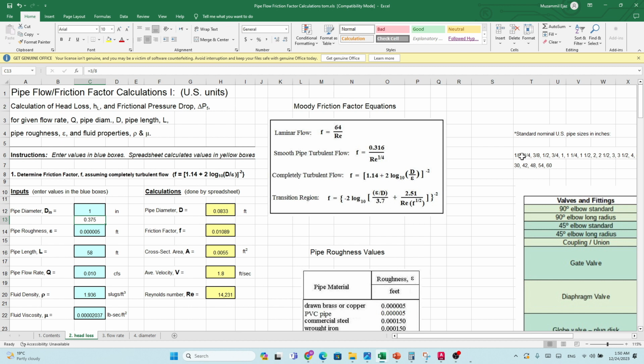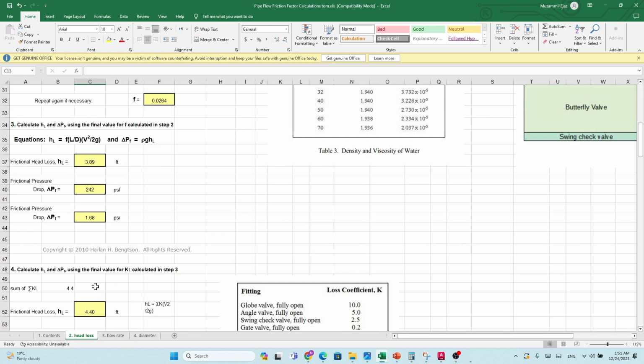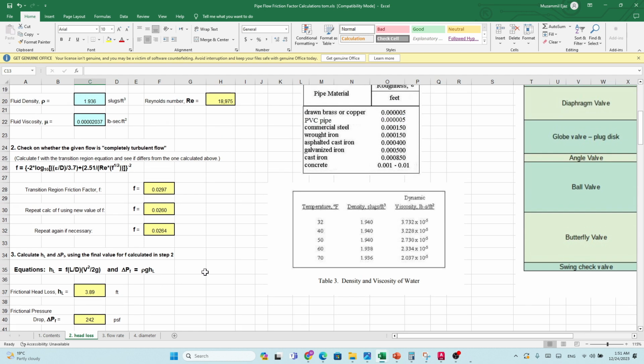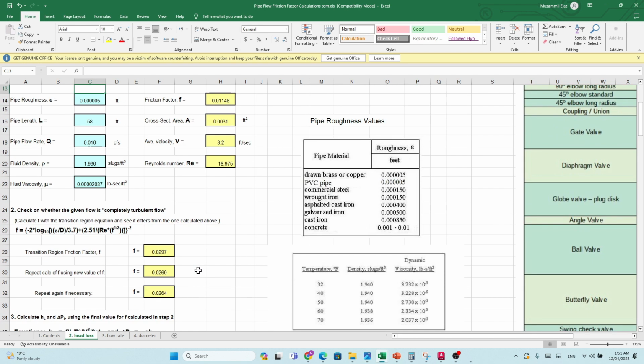You have to select the type of pipe that is already available in the market, with sizes like 1/8, 1/4, 3/8, 1/2, 3/4, 1, 1 1/4, 1 1/2, and so on. Okay, so let's suppose we select the diameter 3/4, that is 0.75 inch. In the blue marks you have to put the data, in the yellow marks you get the answer by using these formulas.